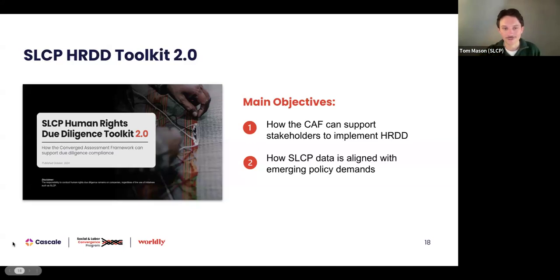So I won't go into much more detail, but I would encourage you all to download the toolkit via the link in the chat and give it a read, or at least know that it's a reference point if you are looking for more information at a later stage as well.